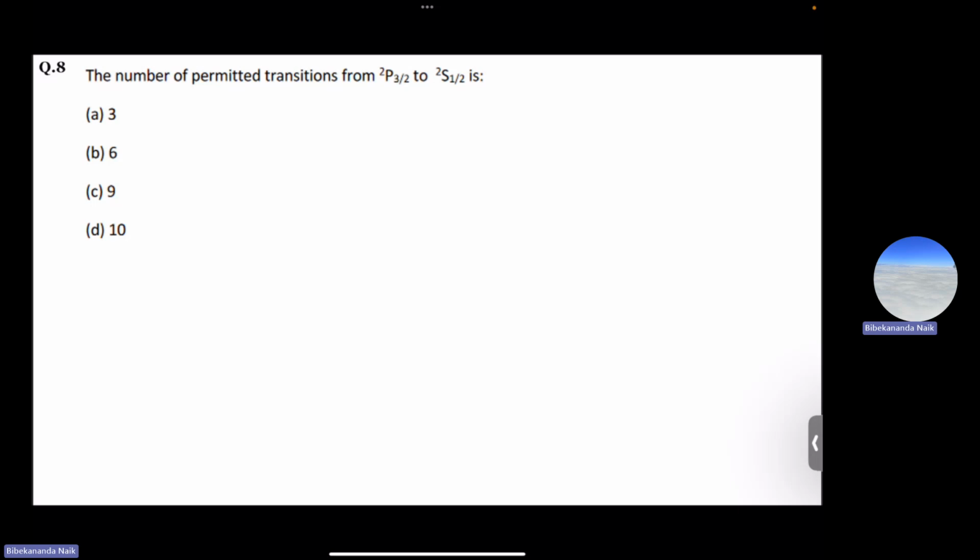So if we think about the question, it was 2p3/2. So j equals 3/2. What are the values of mj? mj will be minus 3/2, minus 1/2, 1/2, 3/2.